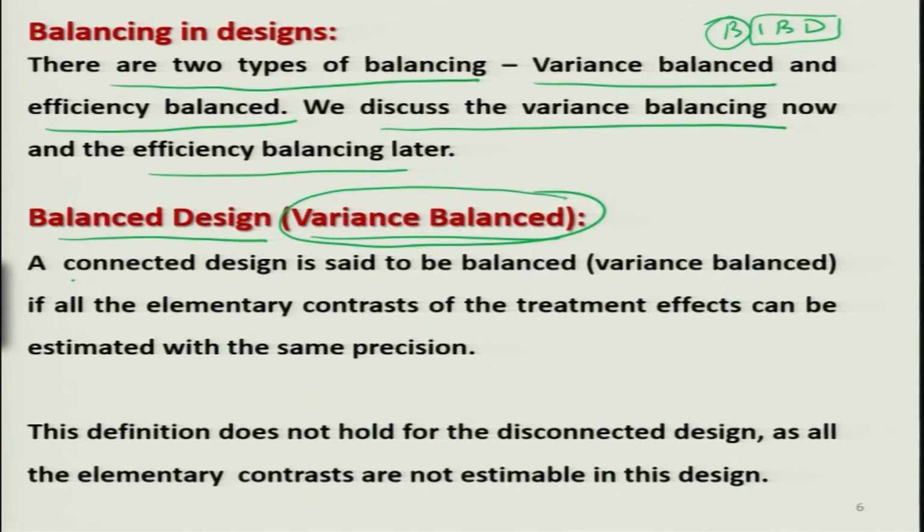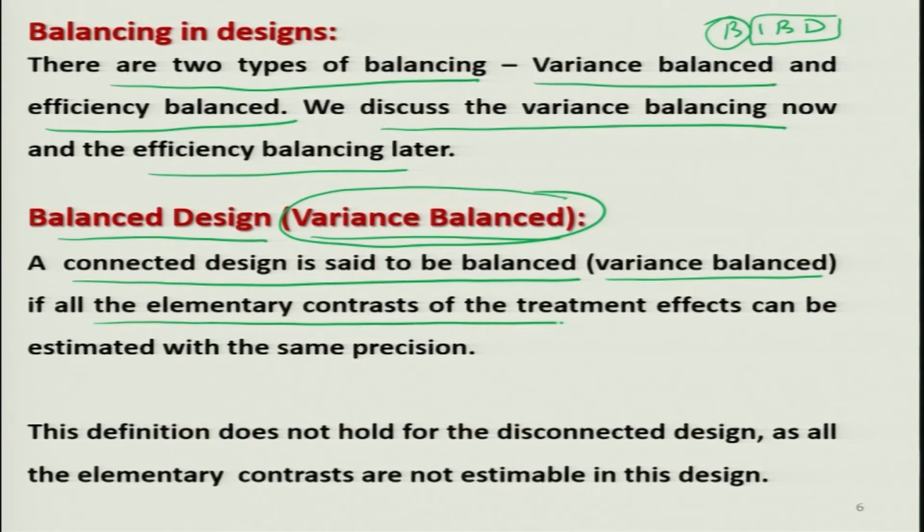A connected design is said to be balanced, or variance balanced more precisely, if all the elementary contrasts of the treatment effects can be estimated with the same precision. Now, if you try to understand this definition, it has the following contents.